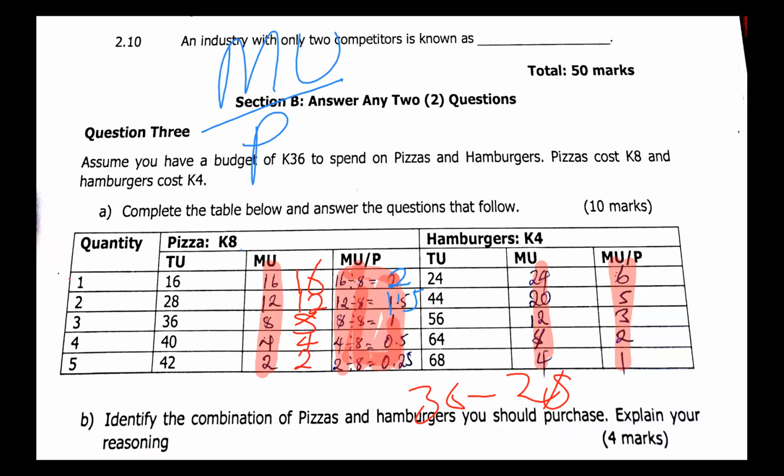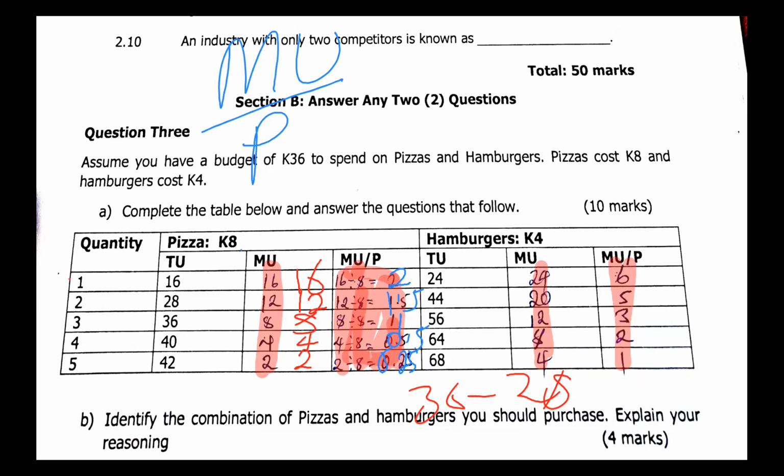And 8 divided by 8 is 1. Then 4 divided by 8 is half, which is 0.5. And finally the last one is 2 divided by 8, which is 0.25.